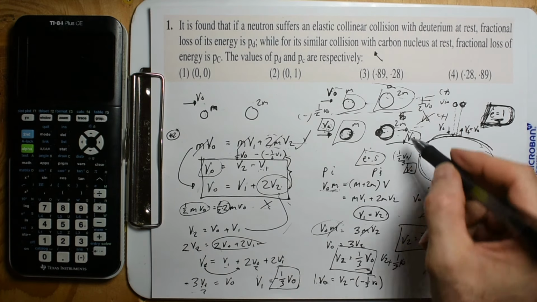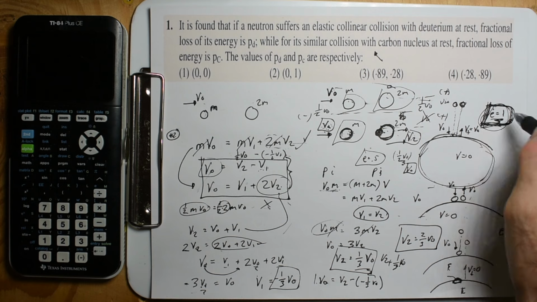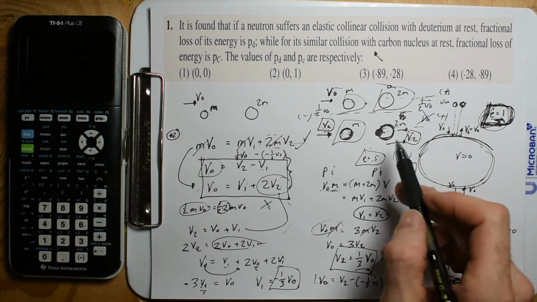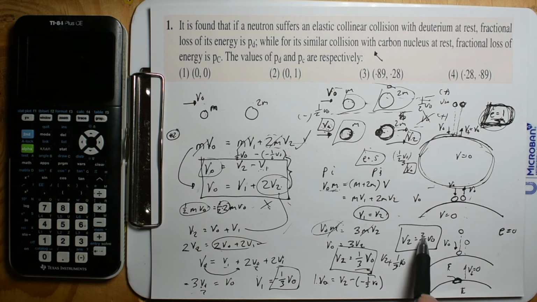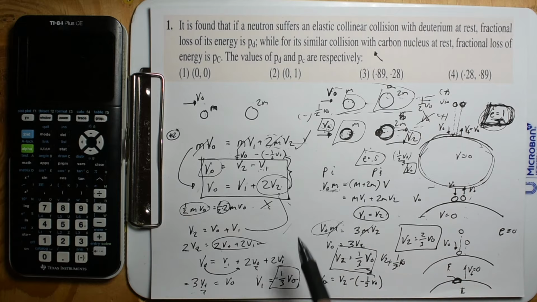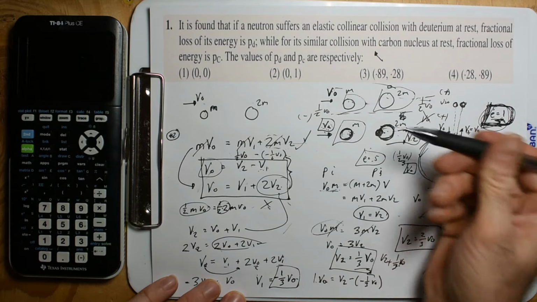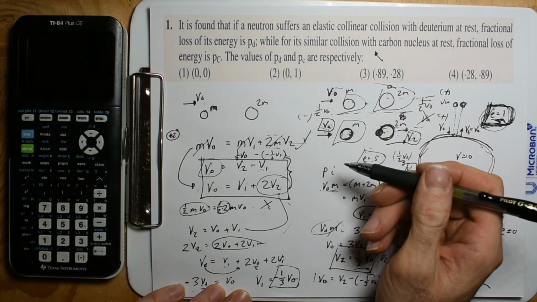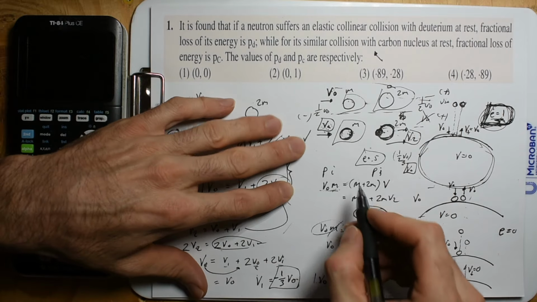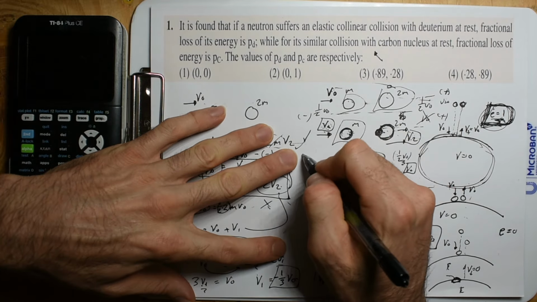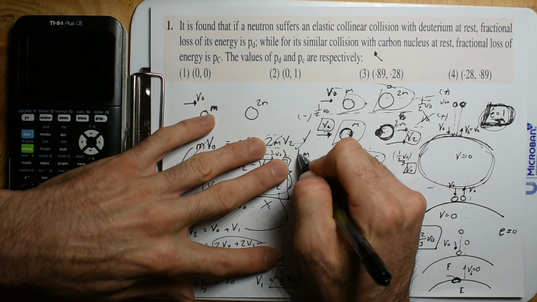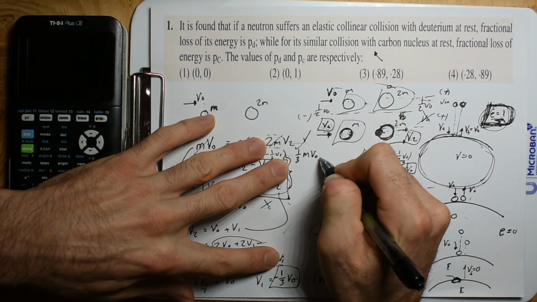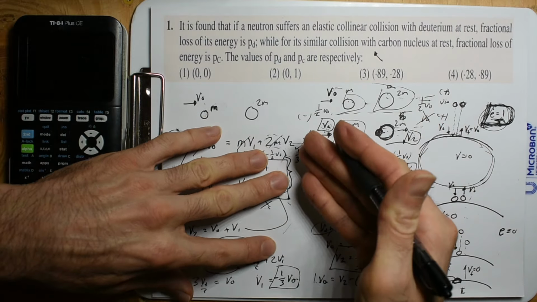Hell yeah. So now after this elastic collision with the elasticity of 1, this thing's going to be going 2/3 V naught that way, and this thing's going to be going negative, or just this way, by 1/3 V naught. And now we can do the momentum. The momentum of this one is going to be 1m times 1/3 V naught. Now it's going in the opposite direction, but it doesn't matter.